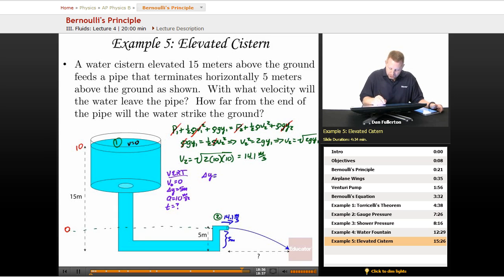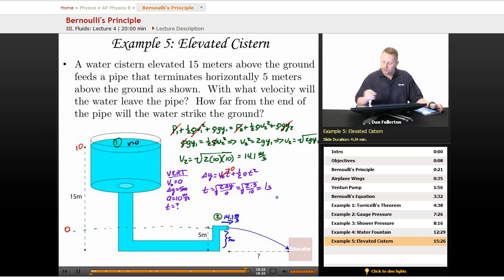I would use the equation delta y equals V initial t plus 1/2 a t squared. But again, V initial is 0, so that term goes away. t then becomes the square root of 2 delta y over a, or the square root of 2 times 5 over 10, or 1 second.